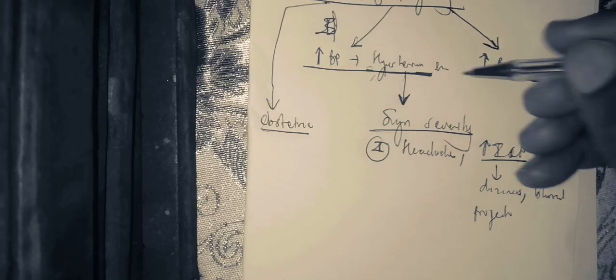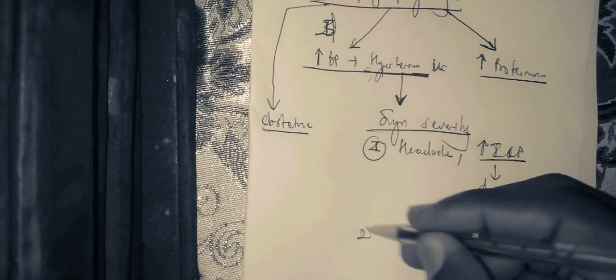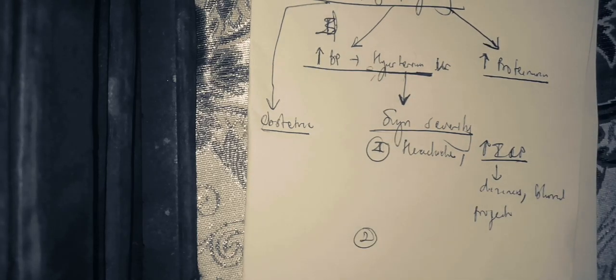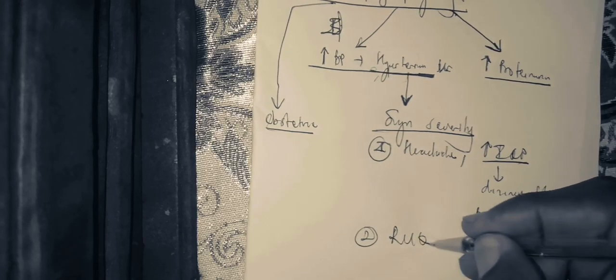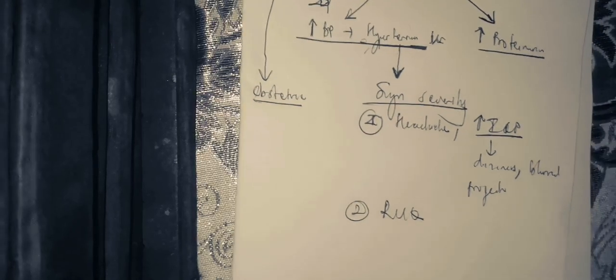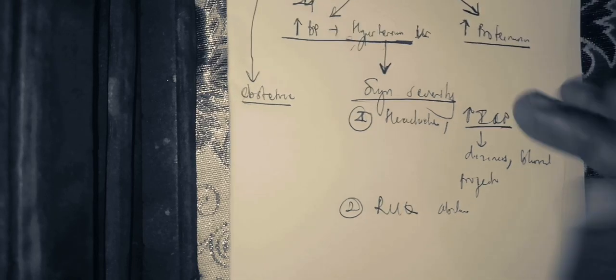Is it clear? So you first start with this hypertensive urgency, which are the signs of severity. So we have headache, we have raised intracranial pressure, and other signs of severity which also show hypertensive urgency. You are going to have also pain at the right upper quadrant. If you have pain at the level of the right upper quadrant of the abdomen, is it clear? It's also another sign of severity.